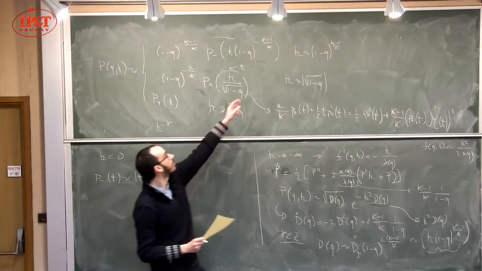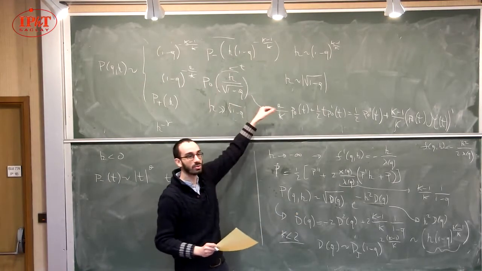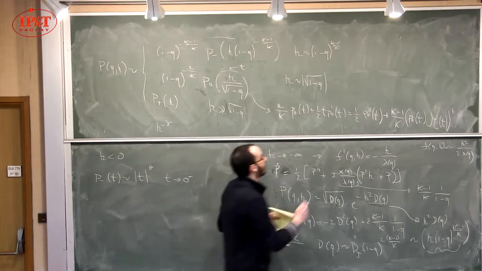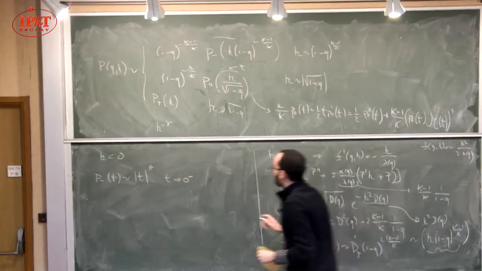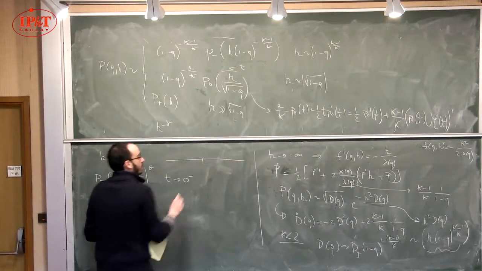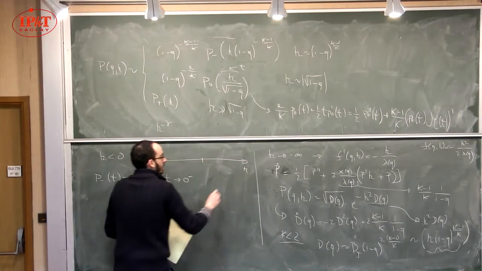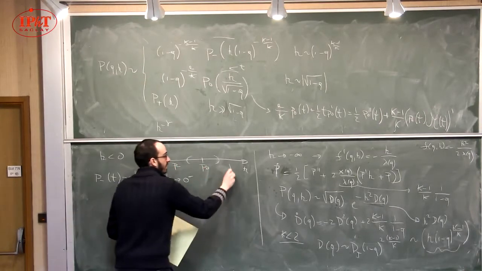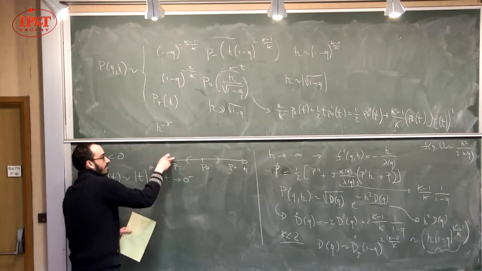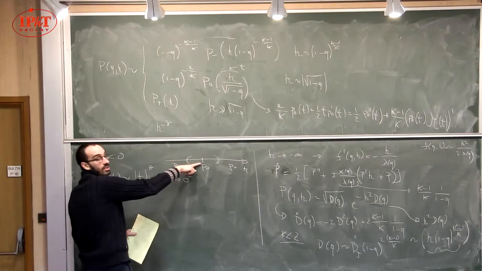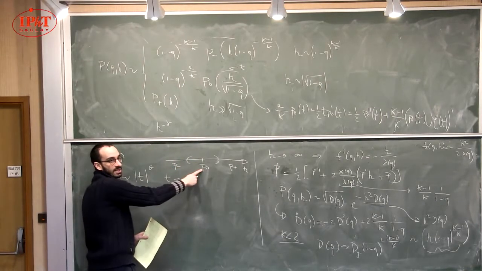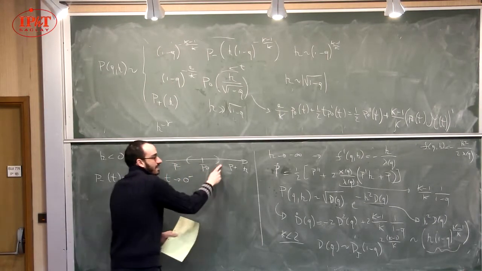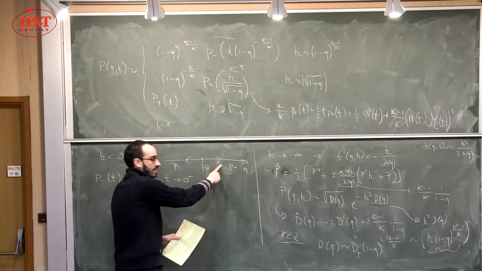So we want to see what happens to this function when h goes to 0. Maybe I can write a kind of line here. So this is h. In this region you have p0, here you have p minus, here you have p plus. So when p minus is pushed towards h equal to 0, you should recover exactly the same as p0 when it is pushed to t to minus infinity, and vice versa in this regime.